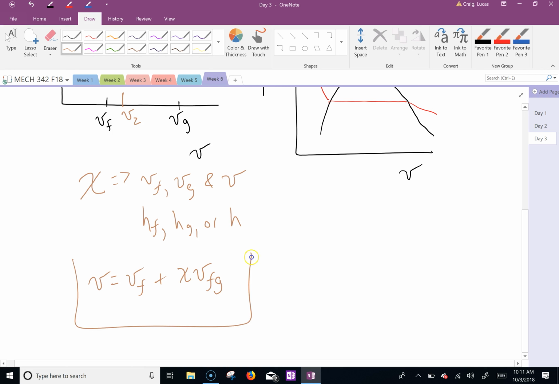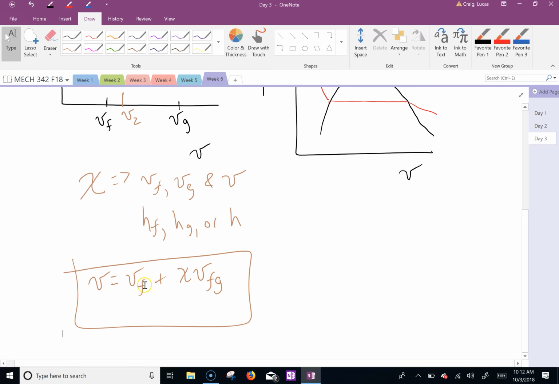So this would be the equation to find your specific volume anywhere. If you're on the left, the compressed liquid side, use tables to find values. Always assume the subscript F. Okay, that'll give you close enough. If you're a mixture, you have to go to the tables to find your VF and VG.